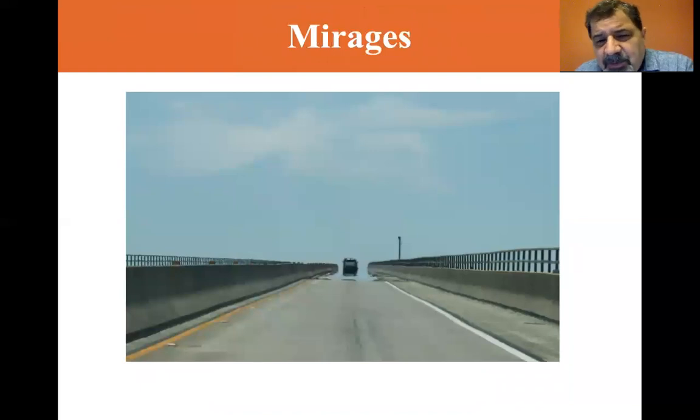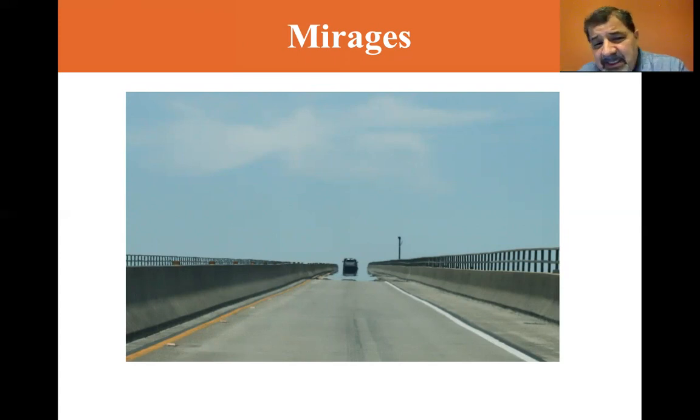And then mirages. Light comes in at a very shallow angle. With the warm road, the light passes through the warmer air on the road and is constantly refracted, so it actually misses the road and hits your eye.